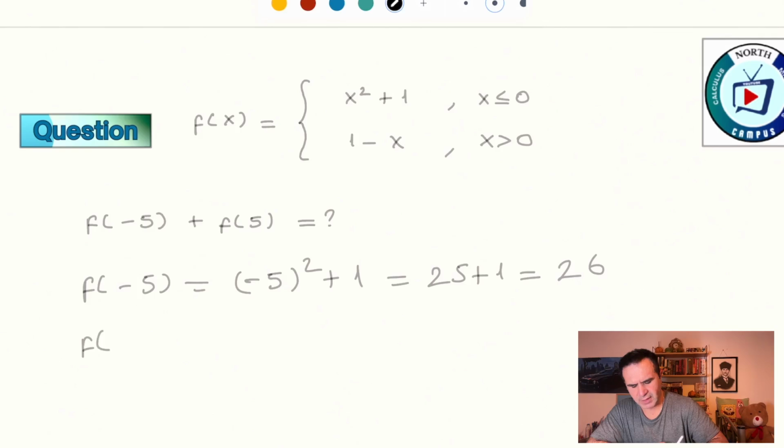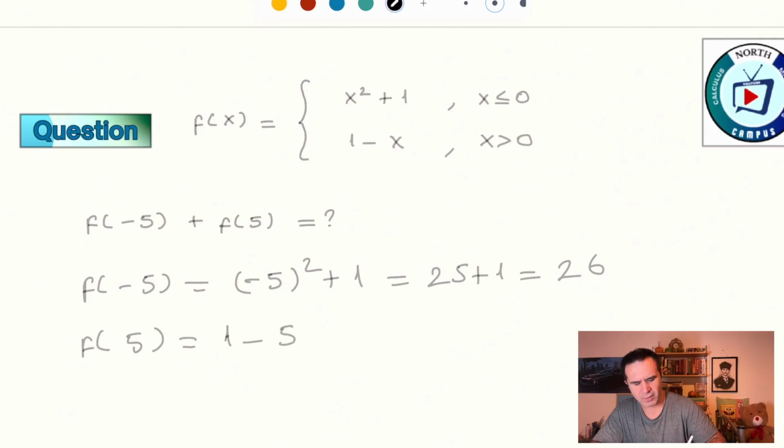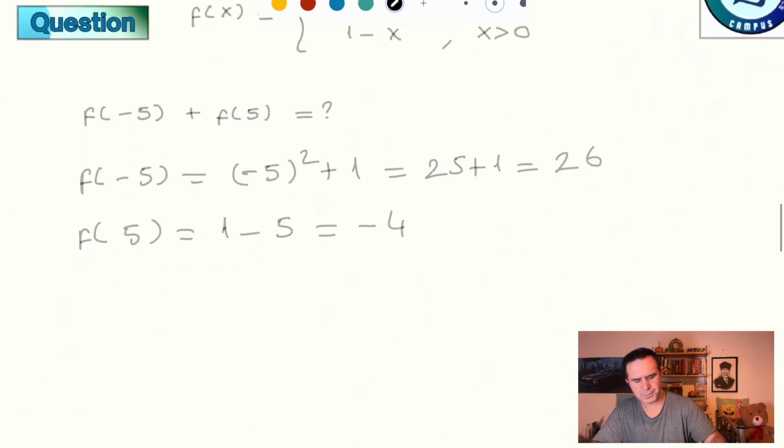Now let's find f of 5. 5 is greater than 0, so we use this function for that one. f of x equals 1 minus x, so f of 5 is 1 minus 5, and that's equal to minus 4.